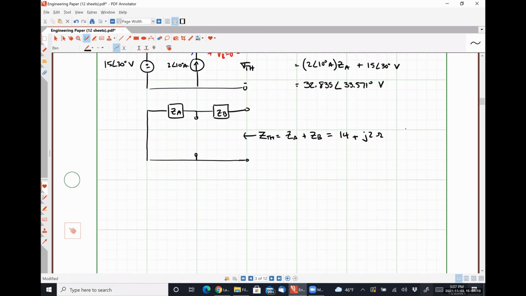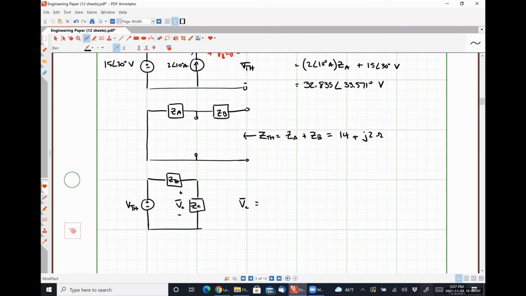And so now I can say that I have this network, VTH, in series with ZTH. And I just want to know the voltage drop over ZC.